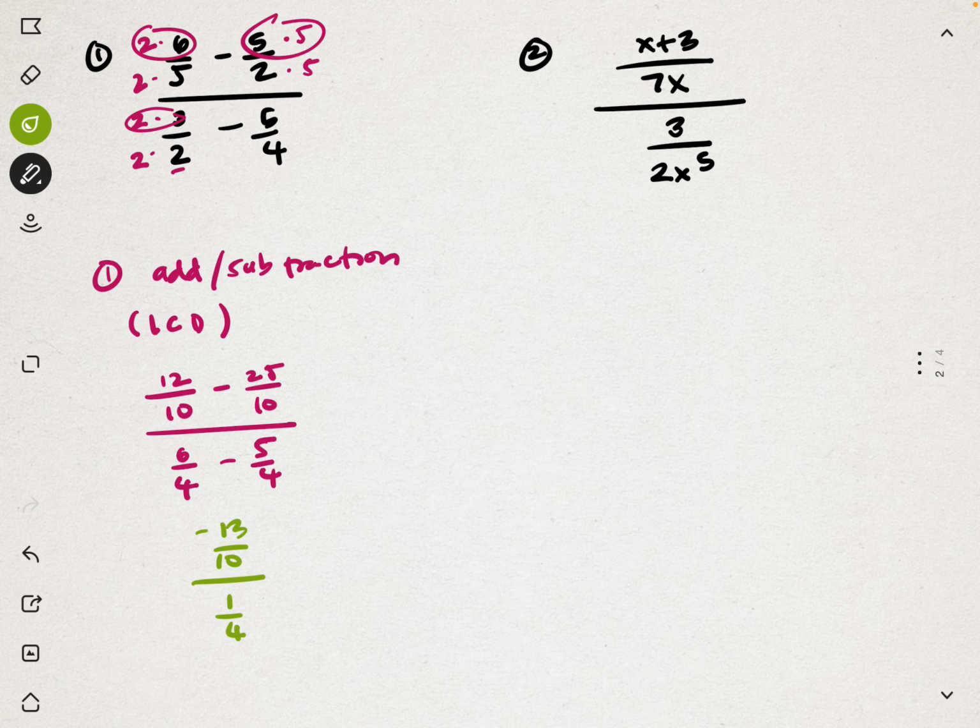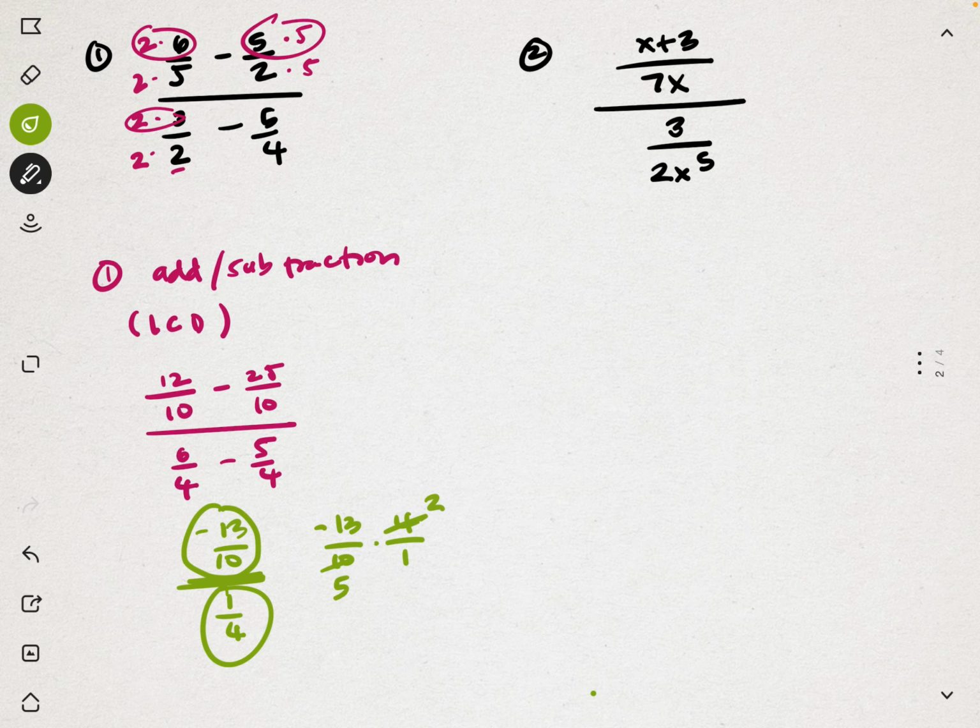So 12 minus 25 is negative 13 over 10, divided by the bottom part, 6 minus 5 is 1 over 4. Right, at this point, this is the division we're looking at, so we're going to multiply the numerator times the reciprocal of the denominator. So the reciprocal of 1/4 is 4 over 1. We can simplify 4 and 10. We can divide those both by 2.